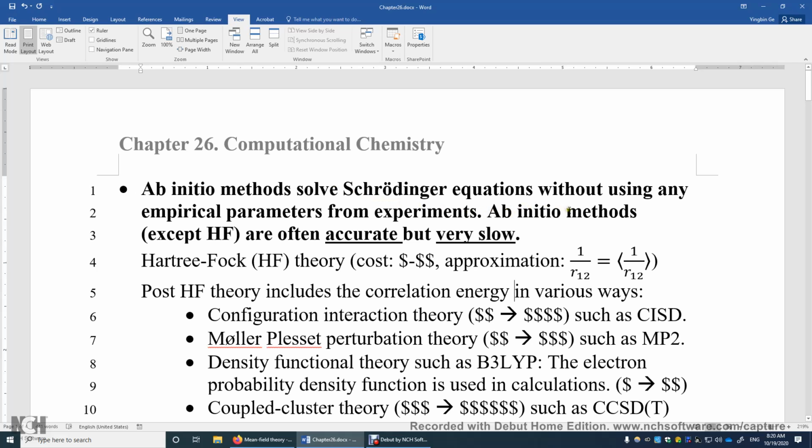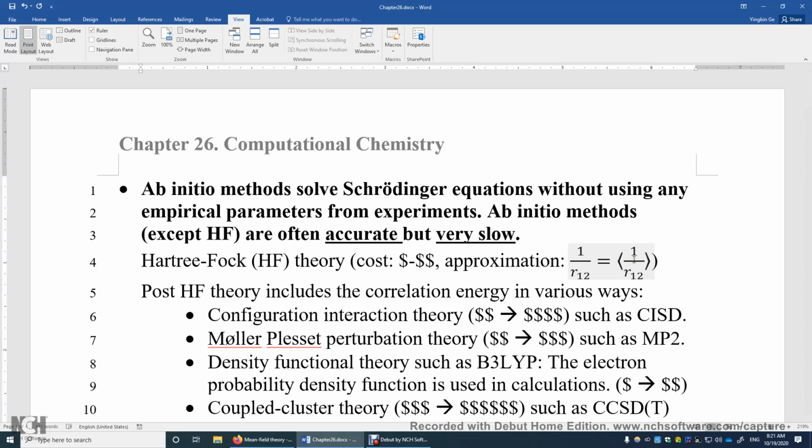The ab initio methods are often accurate but very slow, with one exception. That's the Hartree-Fock theory, or the Hartree-Fock method, which is often inaccurate. This is because in the Hartree-Fock theory, the electron-electron repulsion is approximated by averaging over many other degrees of freedom.